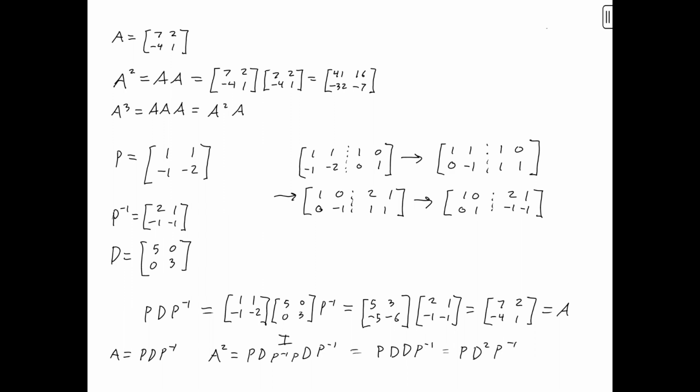And in fact, if I wanted A cubed, this would be P D P inverse times P D P inverse times P D P inverse. And if I wanted A to the fourth, it would be P D P inverse, P D P inverse, P D P inverse, P D P inverse, etc. I could do this for any power.